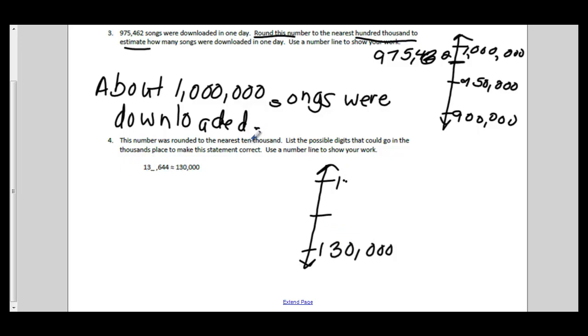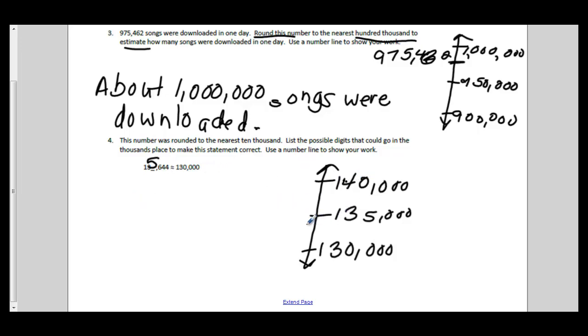So now it's rounded to the nearest 10,000, so this would be 140,000. So I'm looking for a number that would be below this midway point. My midway point would be 135,000. Now if this number were a 5, this would have rounded up to 140,000.